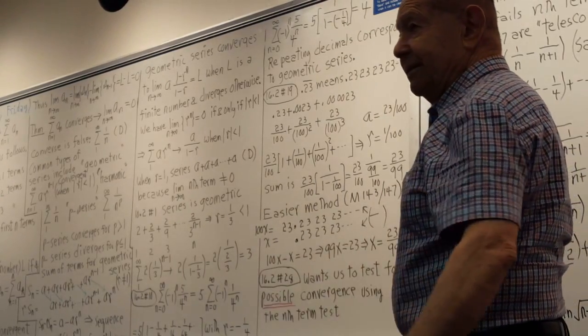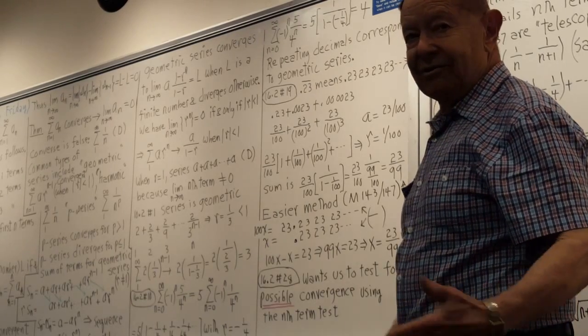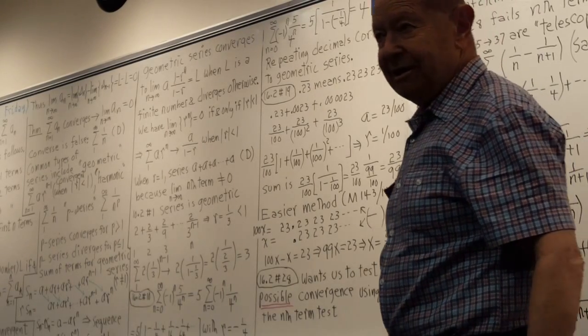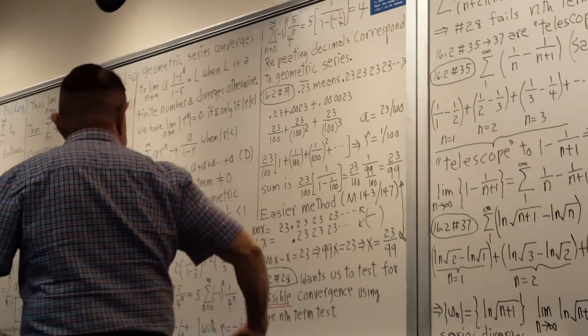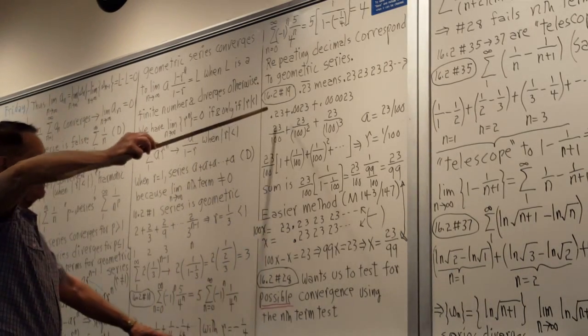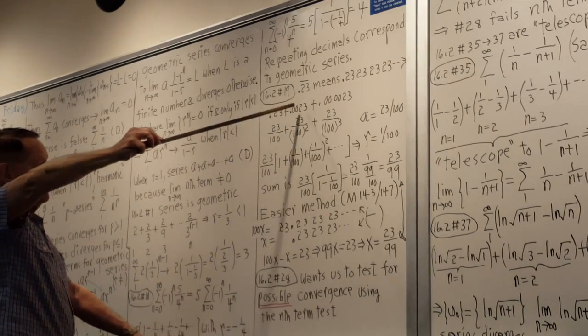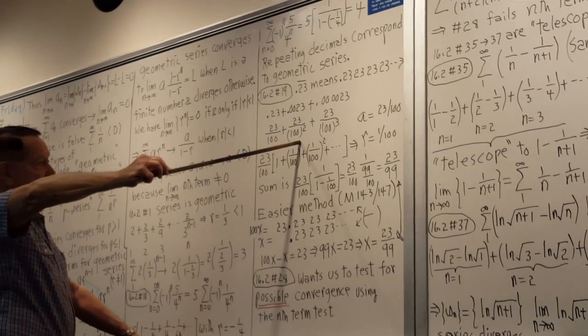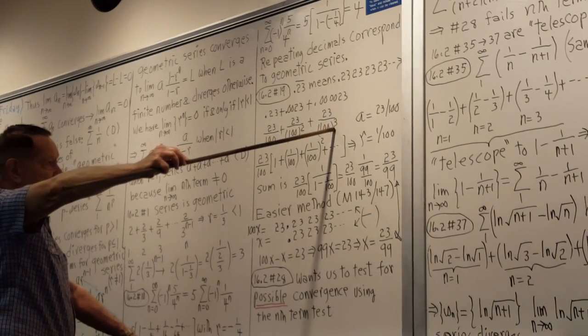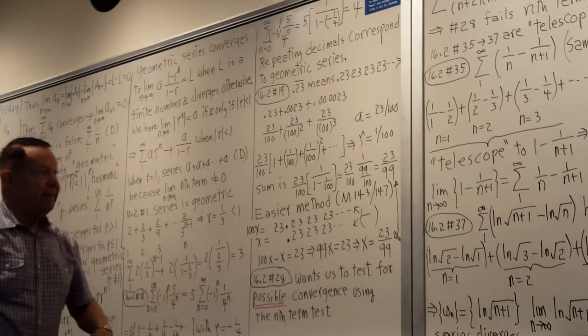So if you want to think of it as fractions in order to look at things as a geometric series, then this one is 23 over 100, this is 23 over 100 squared, 23 over 100 cubed, and so on.